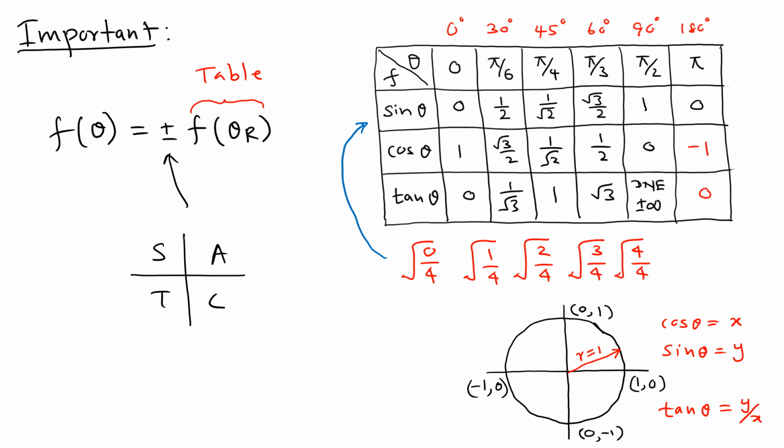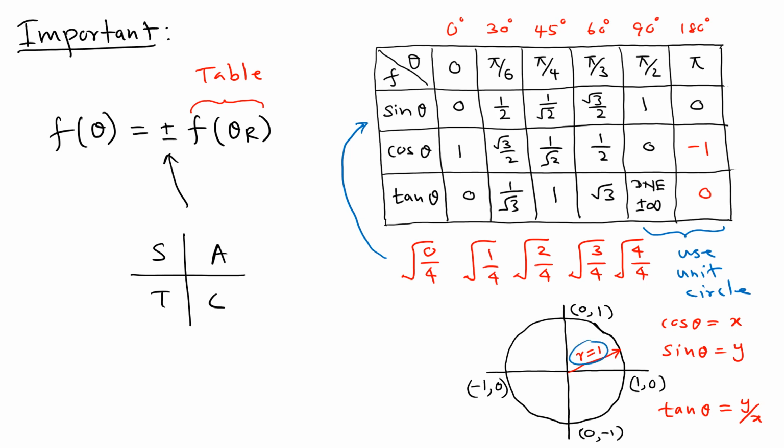And then to find the values for multiples of pi over 2, we use the unit circle. Those are the common things that we use. Unit circle means the circle with radius 1.